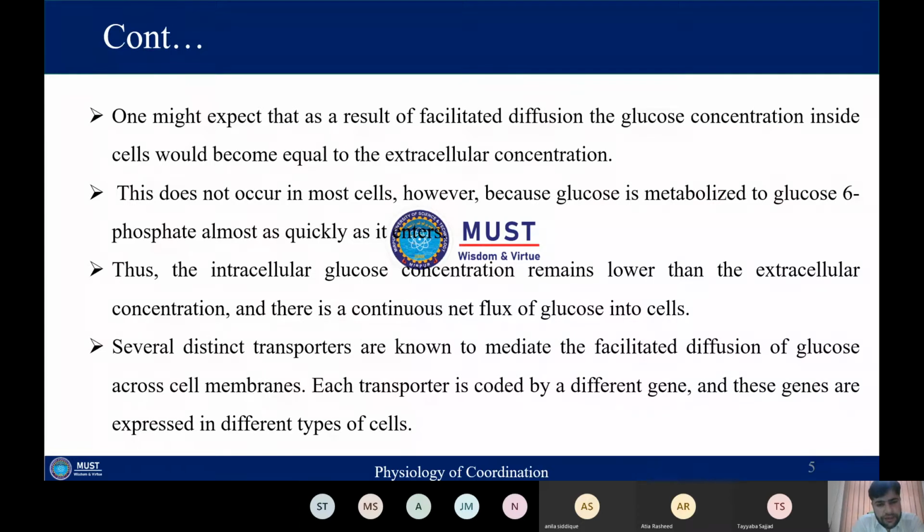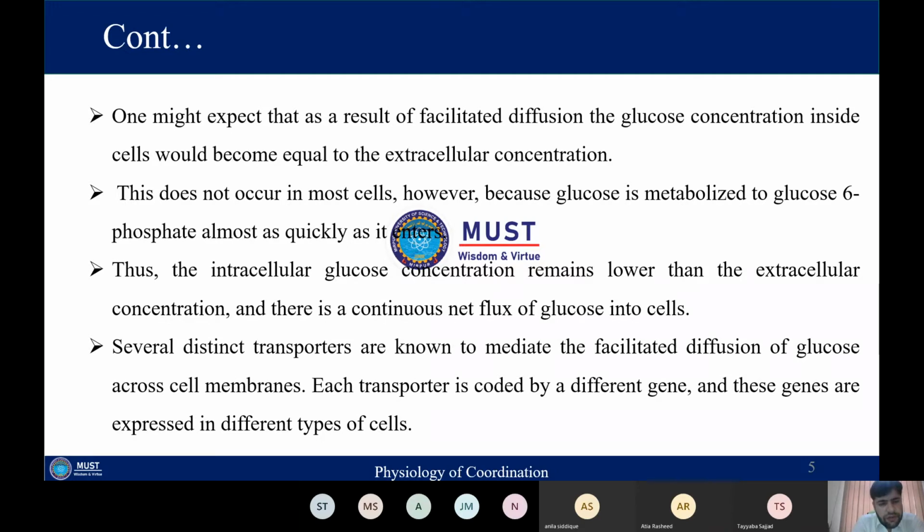So it will not have an obvious effect when some molecules move from the extracellular side to the inside of the cell, whereas on the inner side of the cell it will have a definite effect.